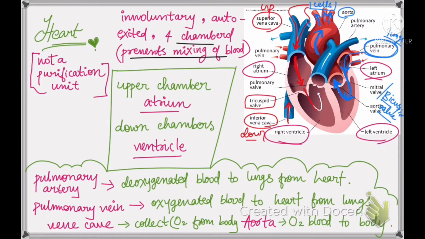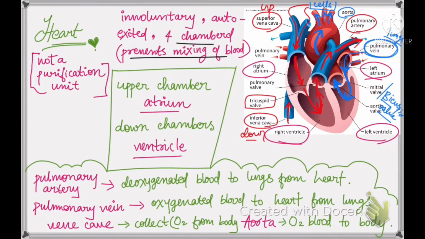And when all the blood is received by this right ventricle, it contracts again, and through another valve the blood moves out through the pulmonary artery, and this pulmonary artery takes this deoxygenated blood to the lungs for purification. And this pulmonary artery is the only artery which carries deoxygenated blood.